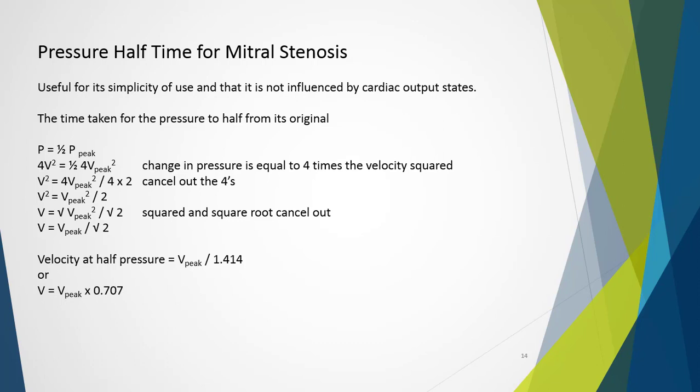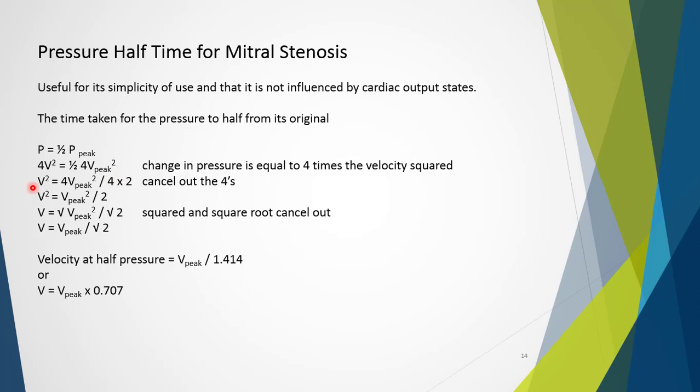So what is actually being investigated? The time taken for the pressure to decrease in half from its original value. With these systems, we measure the velocity, not pressure, so the principle is as follows. Pressure is to equal half the peak pressure. Converting pressure into velocities, 4v squared equals half of 4v squared of the peak.